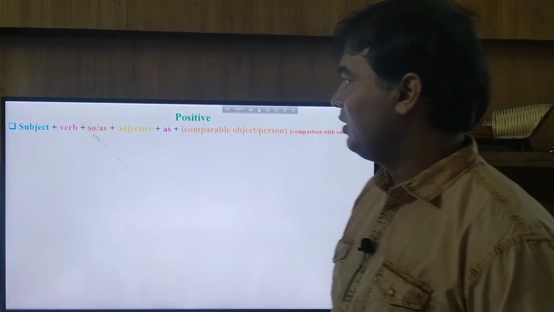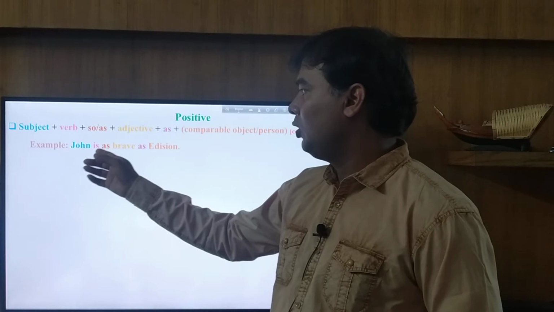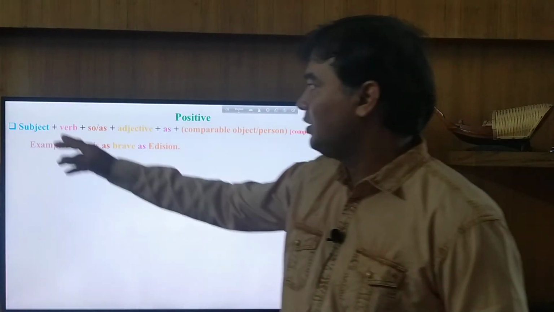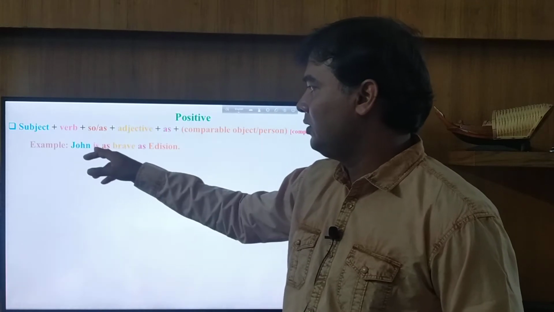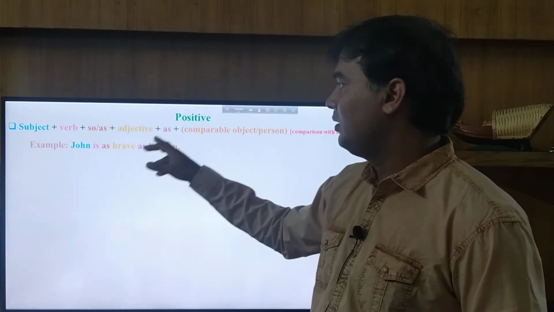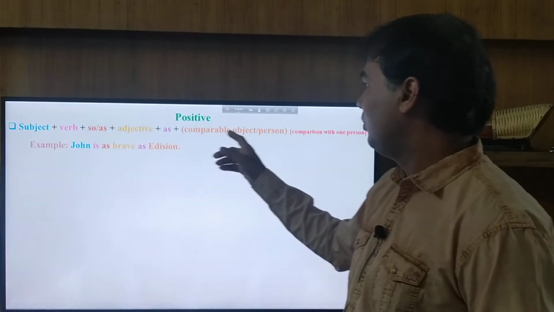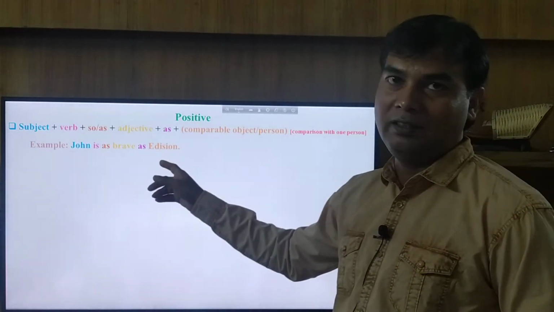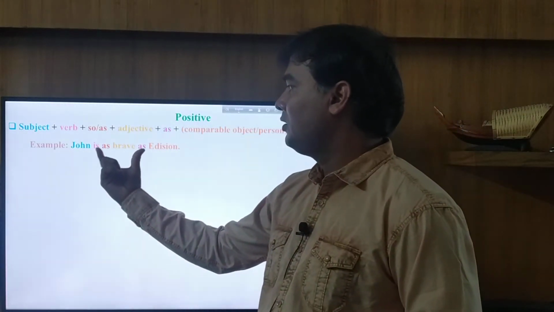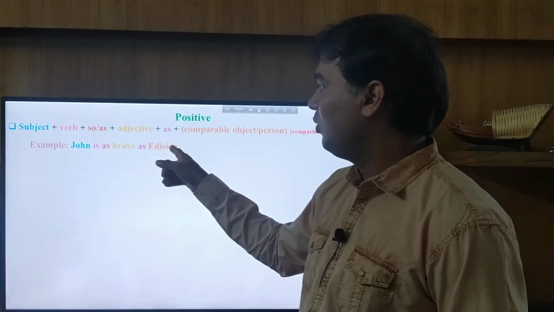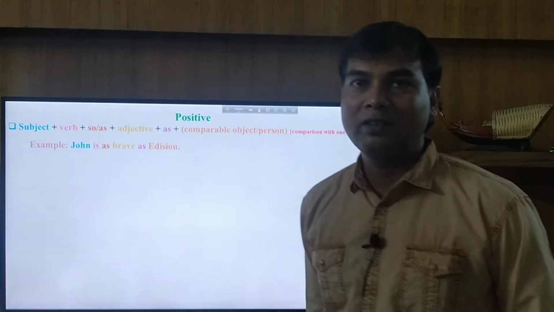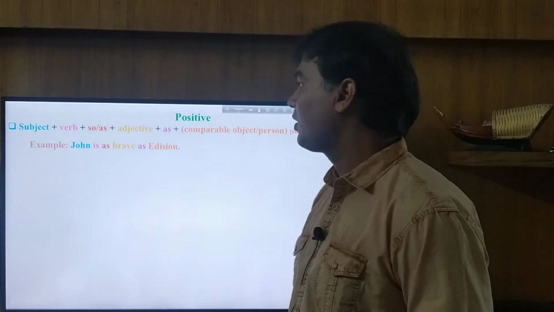You see the example: John is as brave as Edison. Here John is the subject, the verb is "is", then "as", the adjective brave, then "as", and then the comparable person Edison. Here the comparison is with one person, Edison. So this is the basic structure of positive degree.